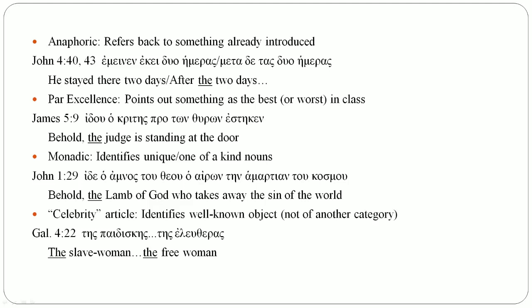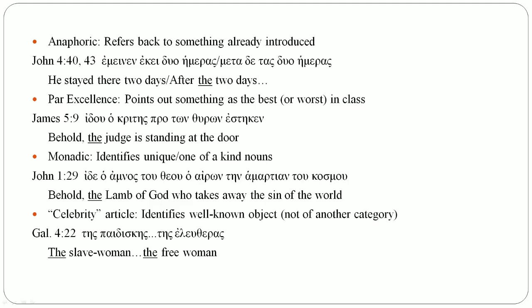Again, pointing back to that we were talking about 2 days before. He stayed there 2 days, and now after the 2 days, referring back to that period of time that we've already been told about. So anaphoric articles point back to something we've already been told about in the story.